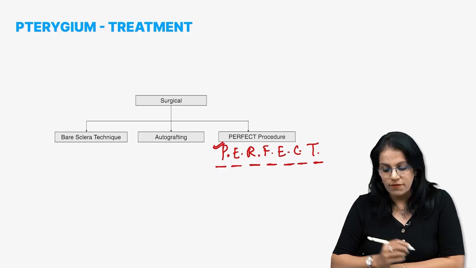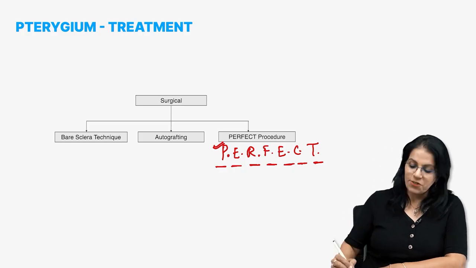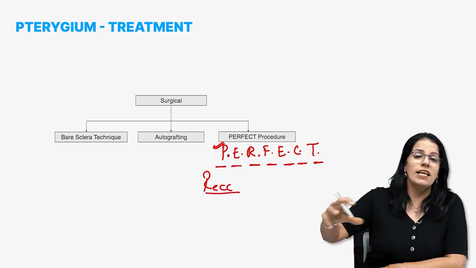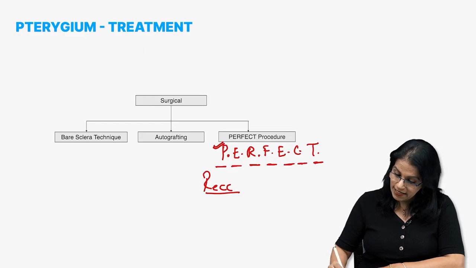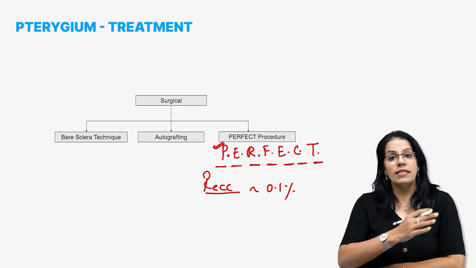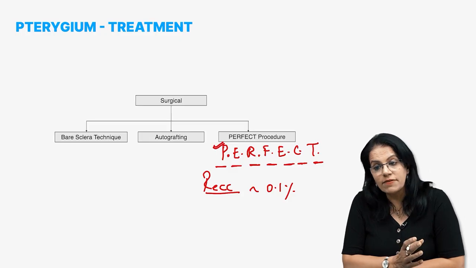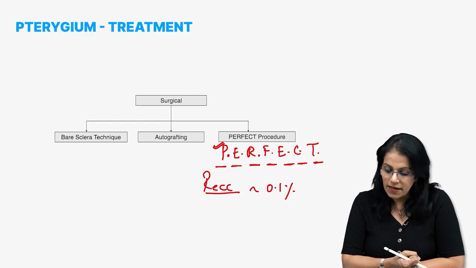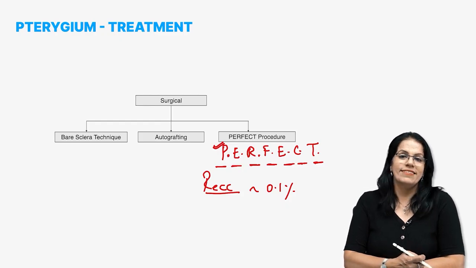And it is a perfect surgery also because if I follow this, why am I cutting such a large area? Because we have seen that the recurrence rate is only 0.1%. So almost it's perfect only. Whereas in case of bare sclera technique, it was 37 to 40% of recurrence rate. So that is why this is a better method.